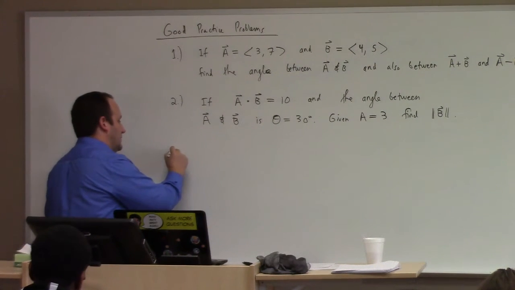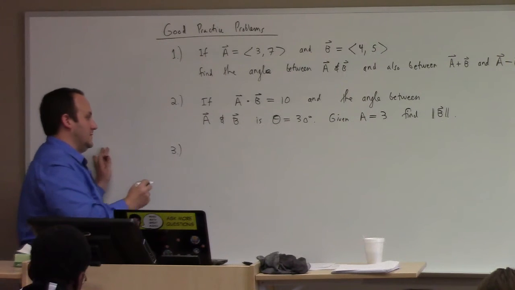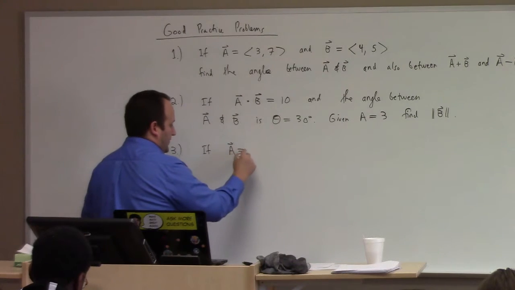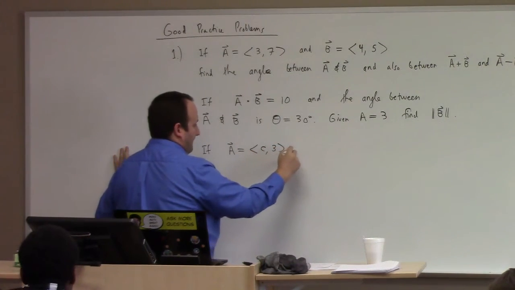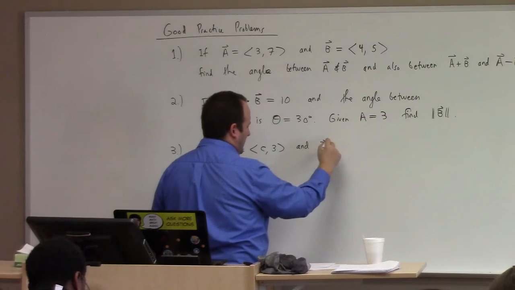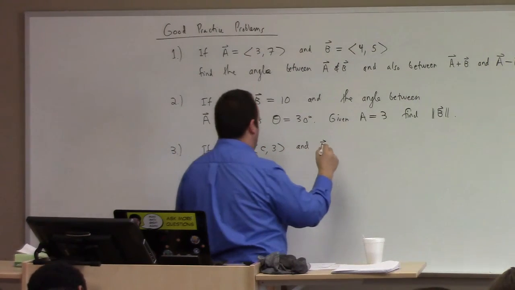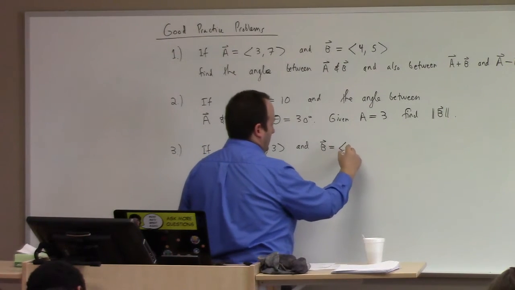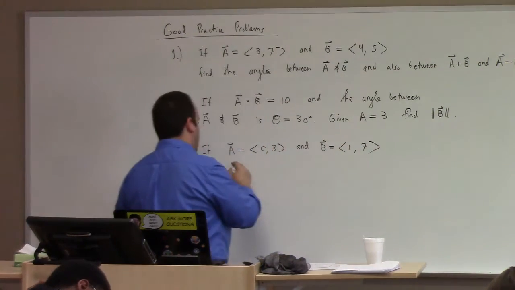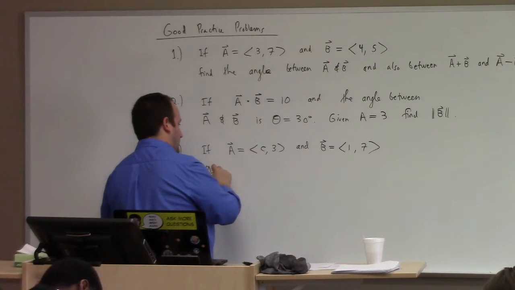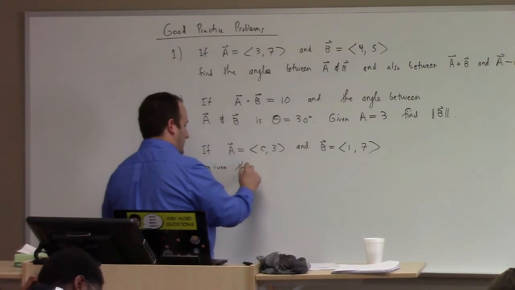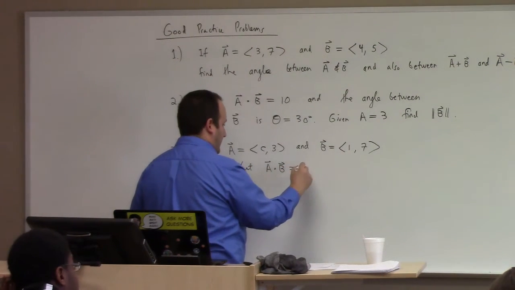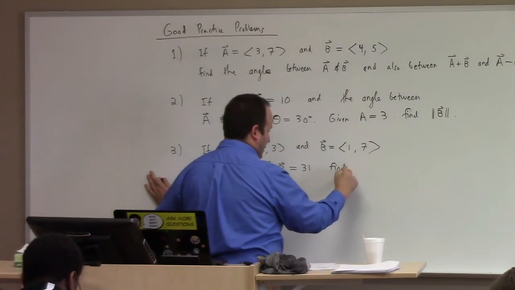Here's another problem. Three: if A is equal to (c, 3) for some constant c, and B is equal to (1, 7), given that A dot B equals 31, find c.